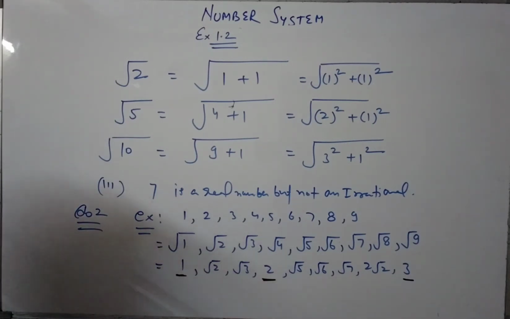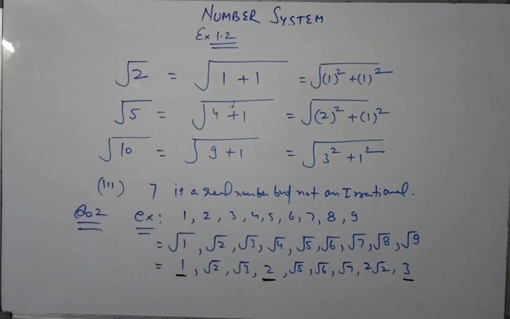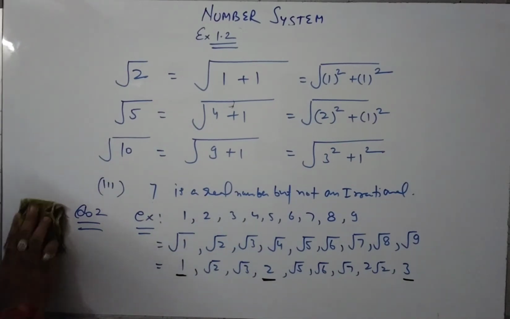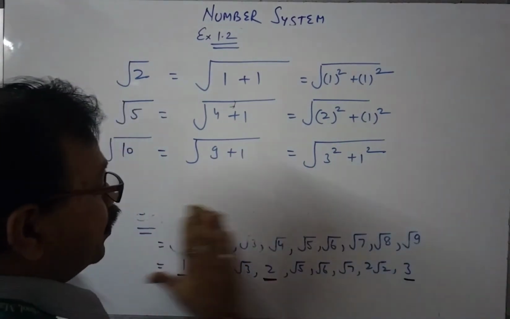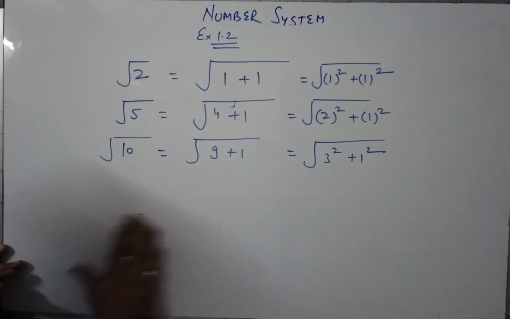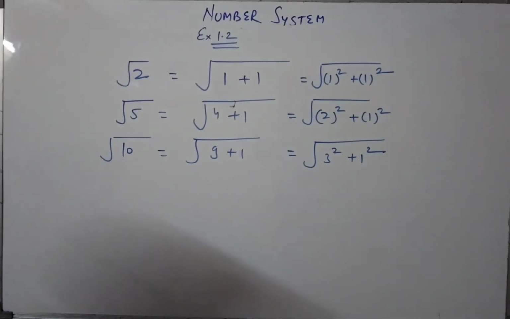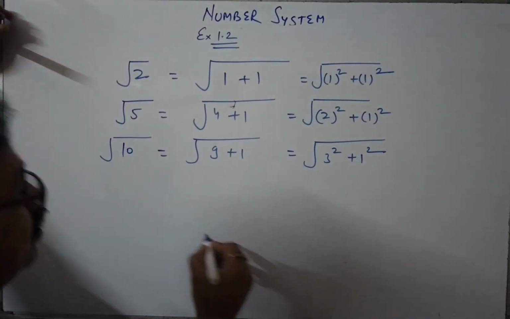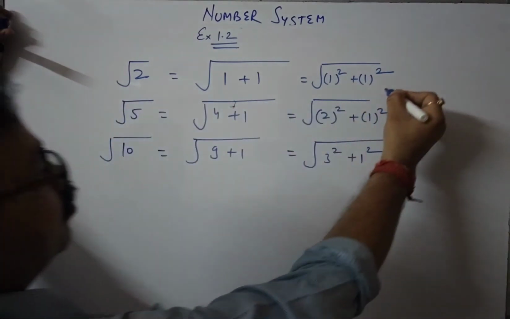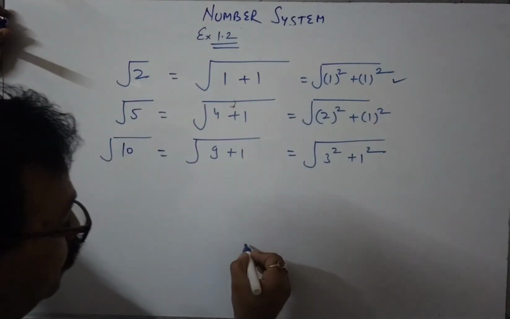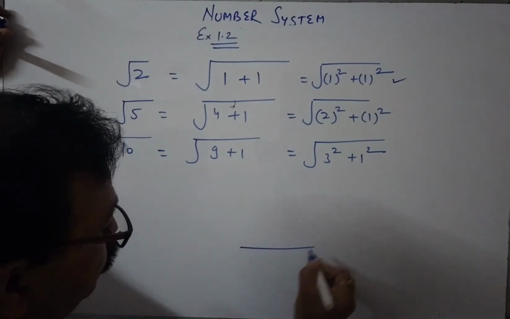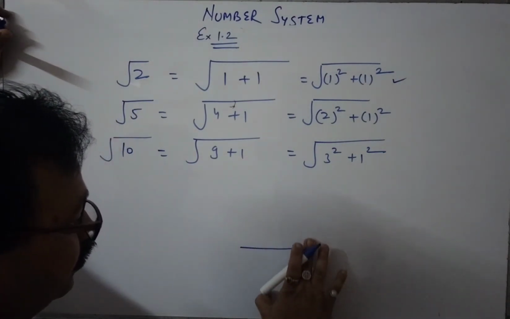No, it's not so. We can still represent it in a certain way, and that way is considered the square root spiral. Starting from root 2, draw a line of 1 unit.